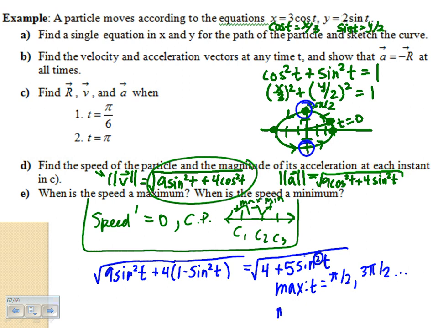What about the min? 0, pi, etc., right? So the mins would be here and here. There you go. Not easier? You don't have to do the derivative work, because you just use logic, knowing your sine function, of what would give you the biggest and smallest output when you square them. Now if it was just sine, it'd be a little bit harder, possibly.